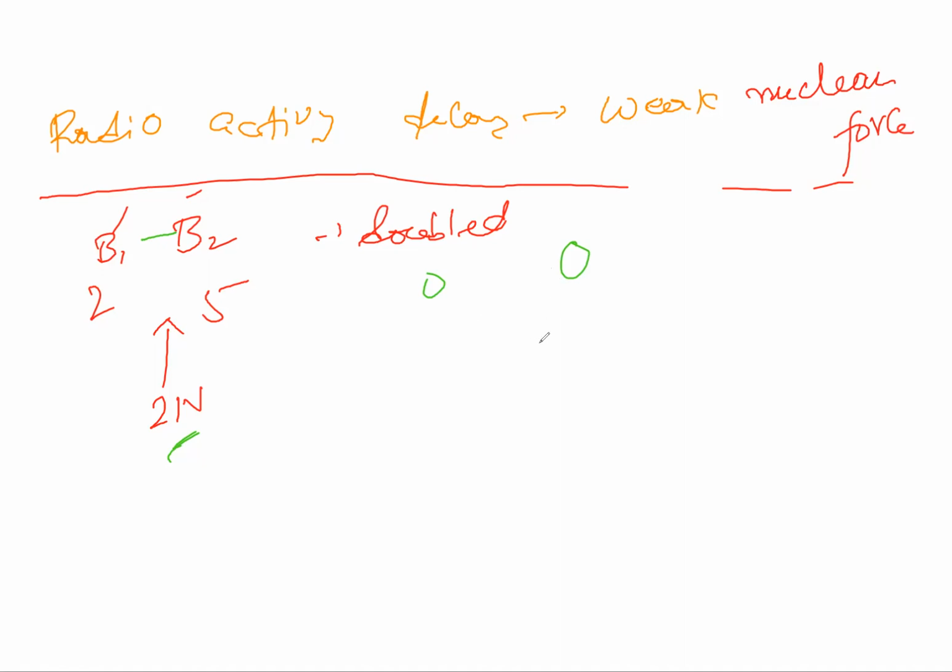Already we know the formula F equals G m1 m2 by r squared. Clear? Similarly, if the distance between the two balls is doubled, r becomes 2r.